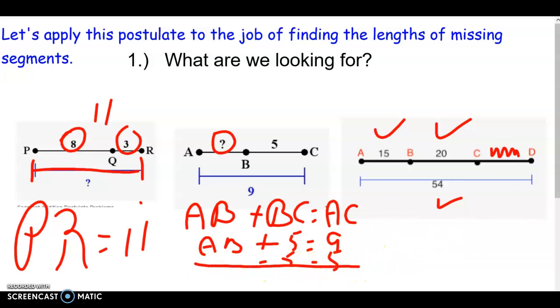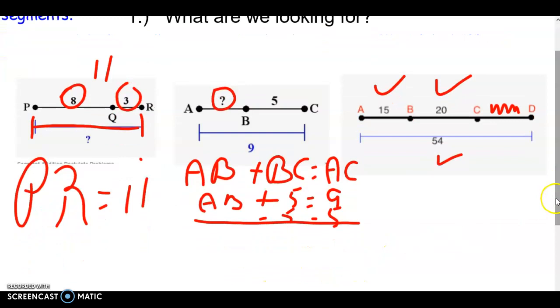And I end up with AB equals 4. So I just found this 4, and you can see that that makes sense. 4 plus 5 is 9. All right, you're going to do the same thing for this last one over here. I'm going to stop the video and let you solve the problem.